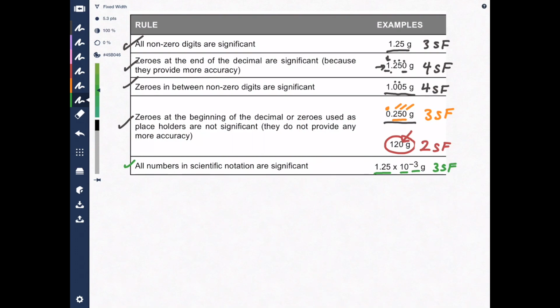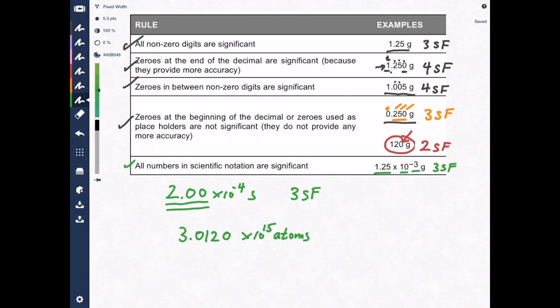What if I had, for example, 2.00 times 10 to the -4 seconds? Well, that's again 3 significant figures. Every digit in the coefficient is significant. Let's do another example. 3.0120 times 10 to the 15 atoms.